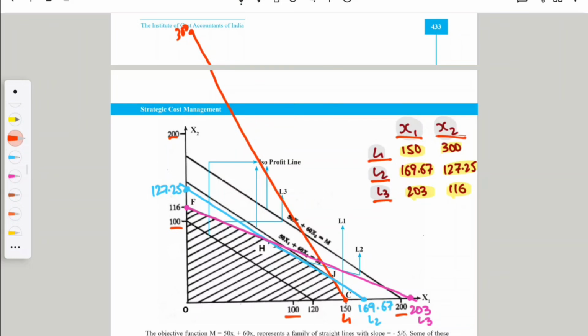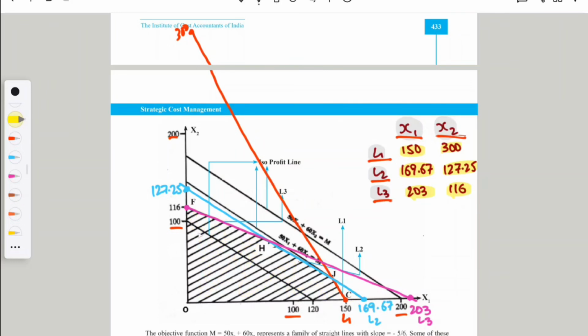For greater than or equal to type, the region is going to be below the constraint line. So this being the maximization problem, for the constraint L1, all of this area right here is going to be the region. For line number 2, all of this region is going to be the region.